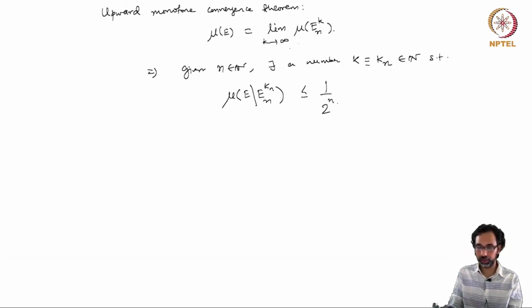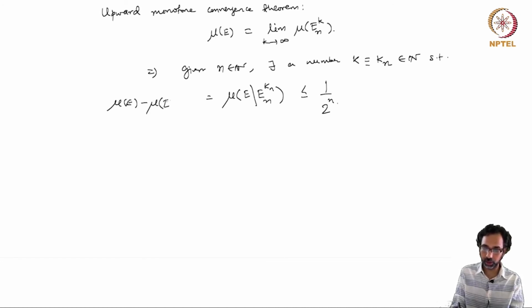Because of this upward monotone convergence theorem, we have this, and this is nothing but mu of E minus mu of E_{n,k_n}.